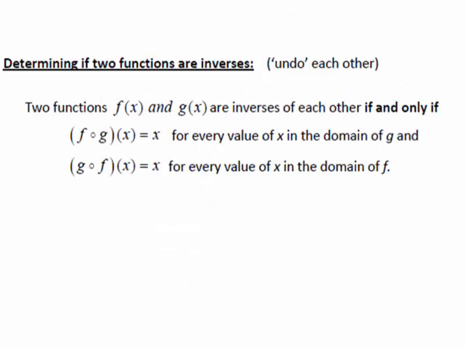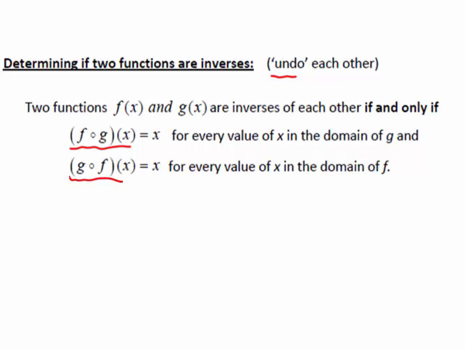Well, why do we care? Well, it comes back to our composite function. If we have two inverses, they undo each other, and I use that term loosely. What that really means is if we do the composite f of g of x and do all the algebra, we're going to get x.